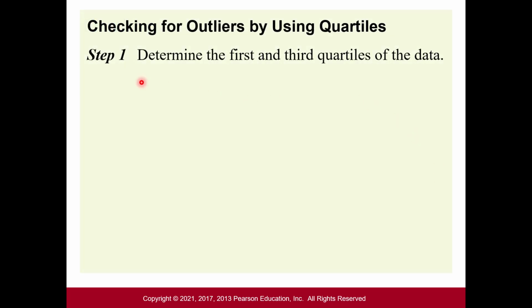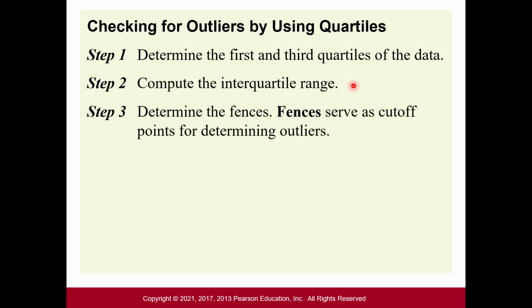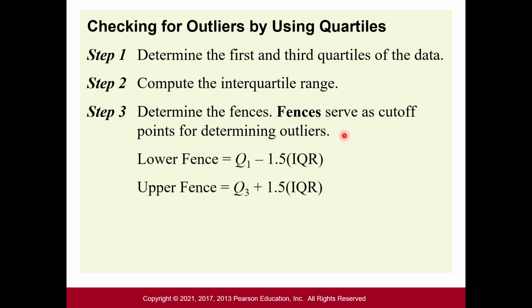So, checking for outliers. Step 1, determine the first and third quartiles of the data. Step 2, compute the interquartile range. Step 3, determine the fences. Fences serve as cutoff points for determining outliers. Here's the calculation for the fences.